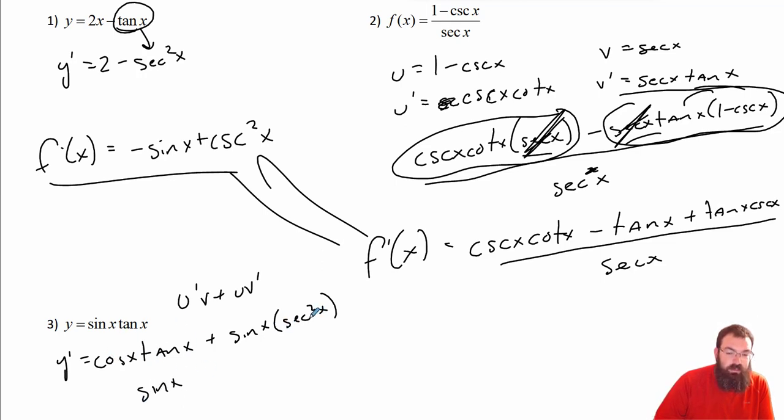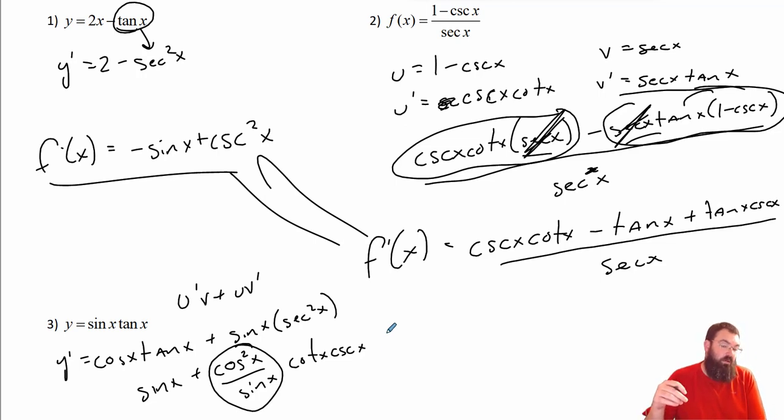This one here is going to be really plus cosine squared x over sine x, so that would be cotangent x is also times cosecant x. If you want to, wait, no, that's not right. It is cotangent x, hold on. So it's cotangent x and then cosine x.